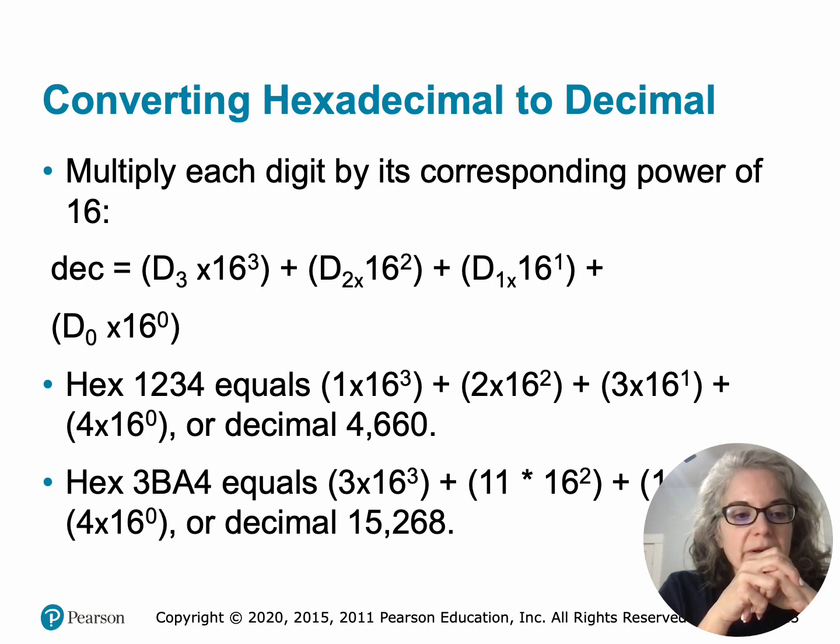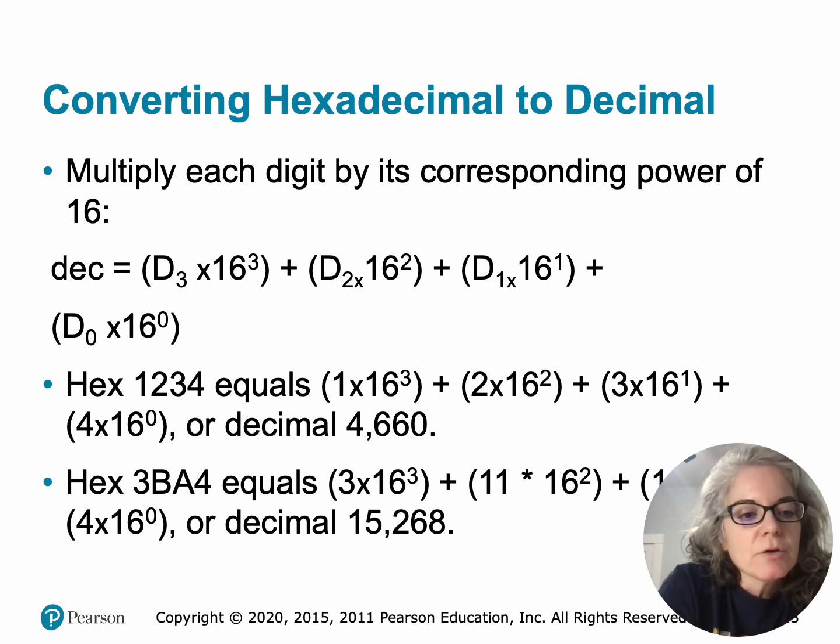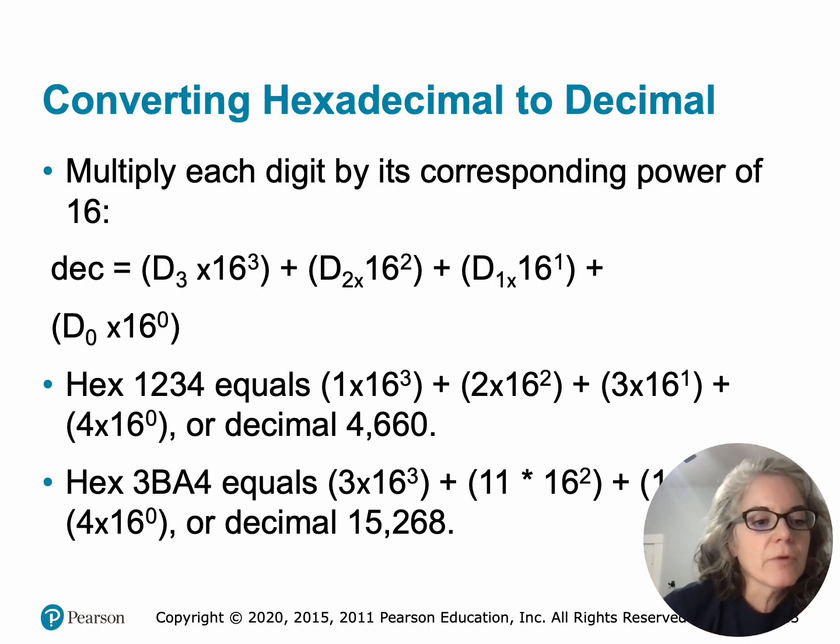And so what we're going to do is, just like when we did the binary, you're going to multiply this time by 16 to the power of wherever the digit sits. So for example, this would be position 0. This is position 1, position 2, position 3.